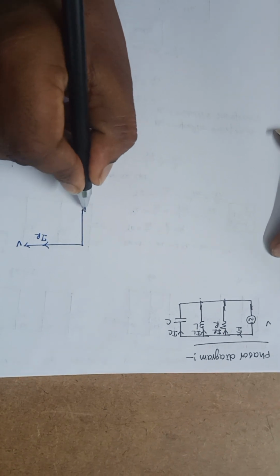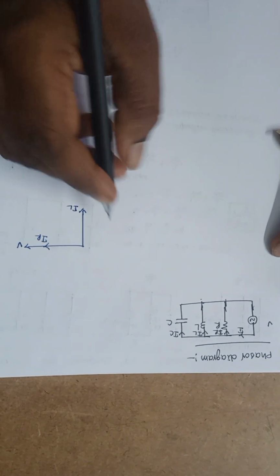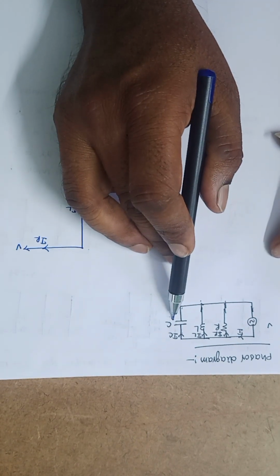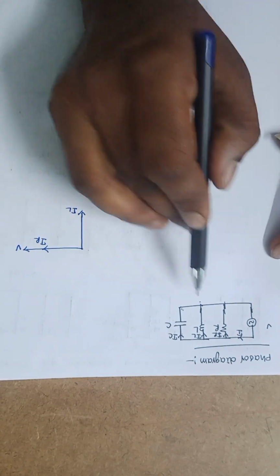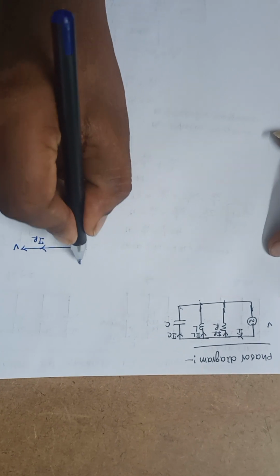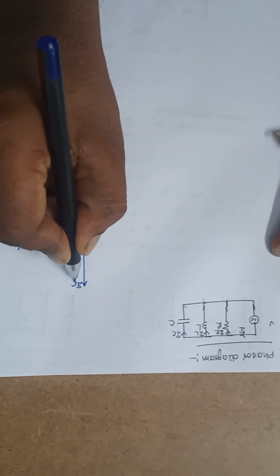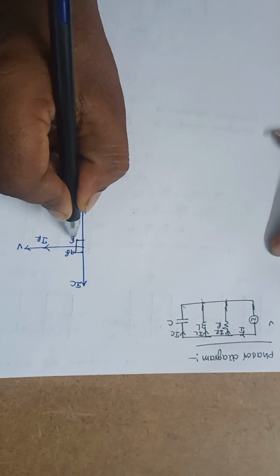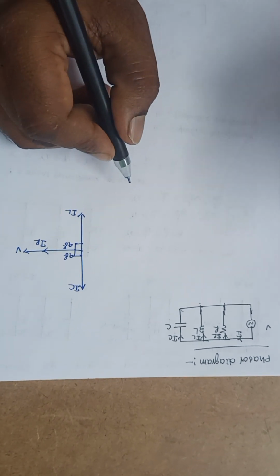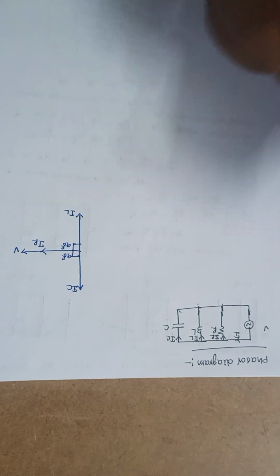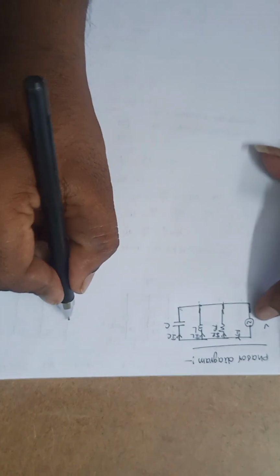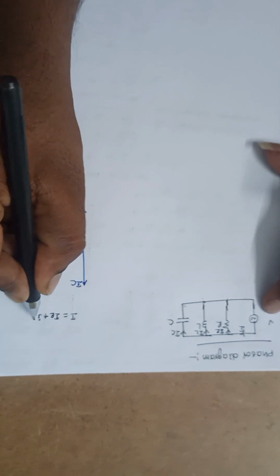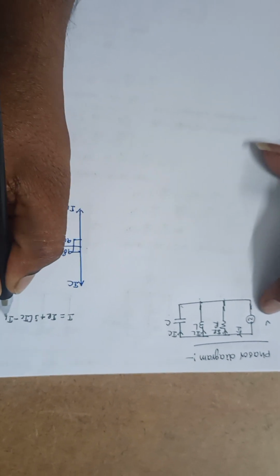And in a pure capacitor, the current flowing through the capacitor leads the voltage V by an angle of 90 degrees. So it is IC, 90 degrees. Okay. But we know that I is equal to IR plus J into IC minus IL.